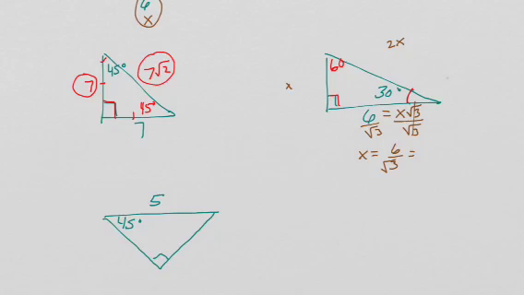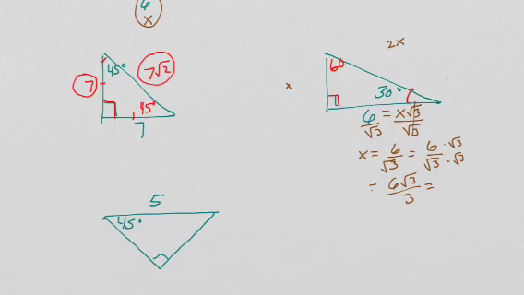So I'm going to multiply the fraction here, 6 over the square root of 3, on the top and the bottom by the square root of 3. And I get 6 square root 3 on top. The square root of 3 times the square root of 3 is the square root of 3 squared, which is 3.